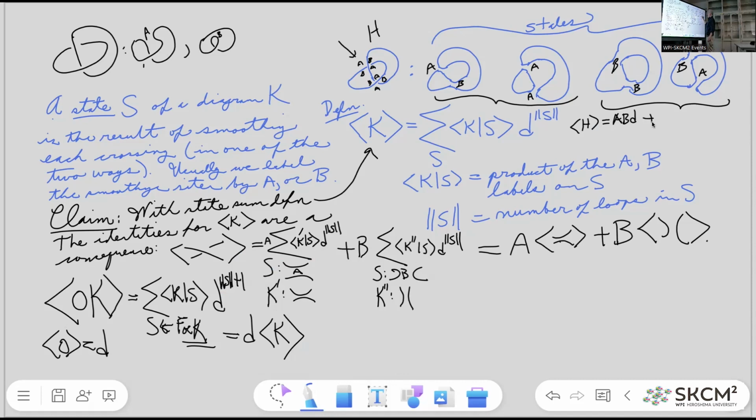The next one is A squared D squared. The next one is B squared D squared, and the next one is ABD. Then we can factor out a D, and then we get AB plus A squared D plus D squared D plus AB. So I get 2AB times.